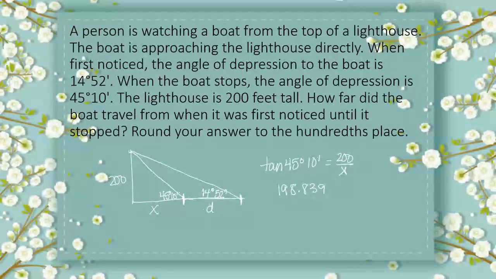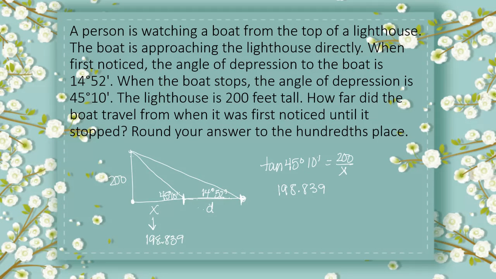So now I have found x. That puts me closer to finding D. Now, if I can find the distance of this whole side, which I can because this is a right triangle, I can subtract the 198 and I will get the distance of D.